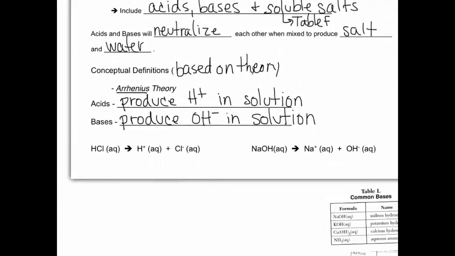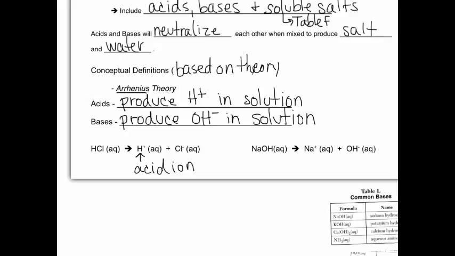So down below I have HCl, which we know is an acid. It starts with an H. It's in Table K. And we've put it in water. And when you do that, it actually dissociates or comes apart into the two ions that make it up, much like salts do. This is why it conducts just like salts do. And you're going to end up with those H plus ions, which is our acid ion, which makes it an acid according to the Arrhenius theory.